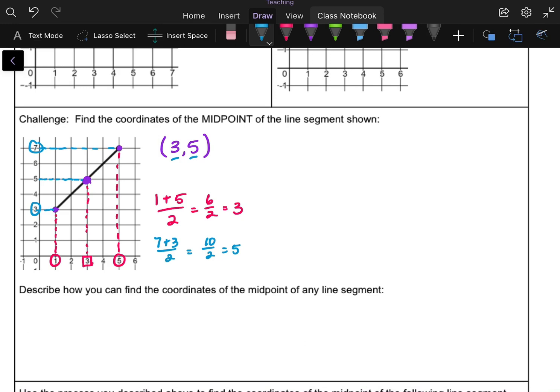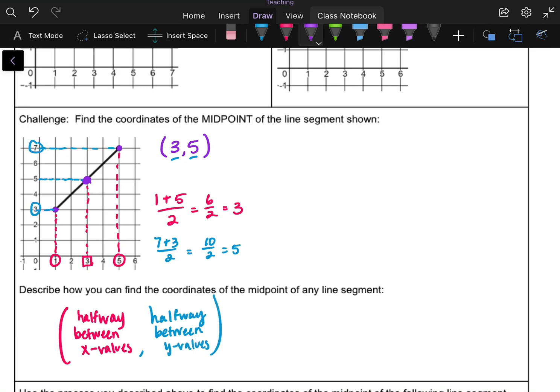So describing what these are, our different options, we can use halfway between our x values, comma, halfway between our y values, or we could also look at that midpoint formula to calculate this.